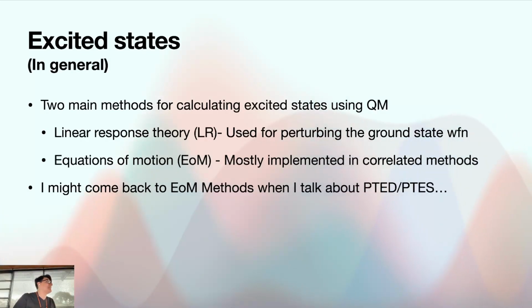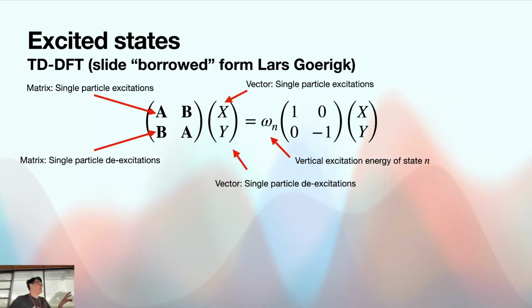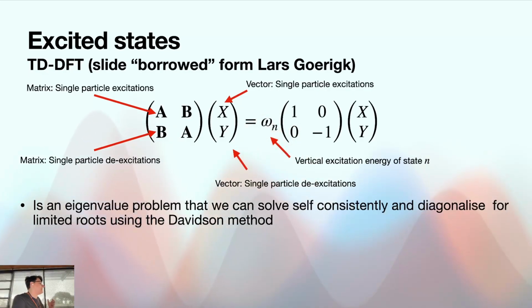I might come back to these in PTX notation later. There are a few slides on that. But this is sort of the general gist of it for anyone that does really care. Essentially, what we're doing is taking our ground state wave function and then perturbing it. It's an eigenvalue problem, so it can solve itself consistently, and we can diagonalize it for limited roots using a Davidson method.